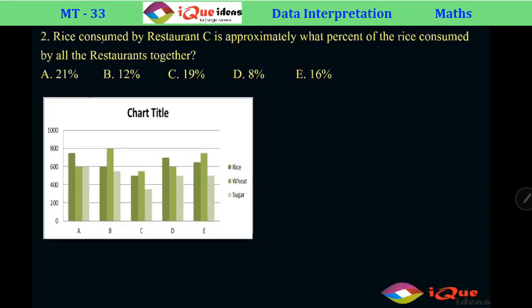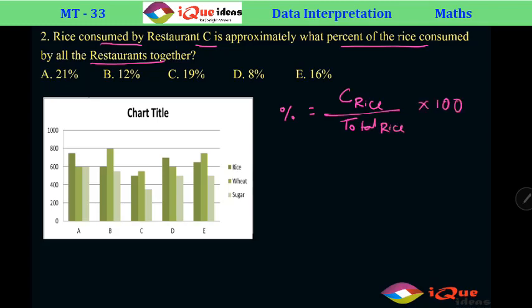The next one says rice consumed by C is approximately what percent of the rice consumed by all restaurants together. So our required percentage is equal to C rice divided by total rice of all restaurants together, into 100. Now what is C? C rice will be this one, exactly between 400 and 600, so it is 500.